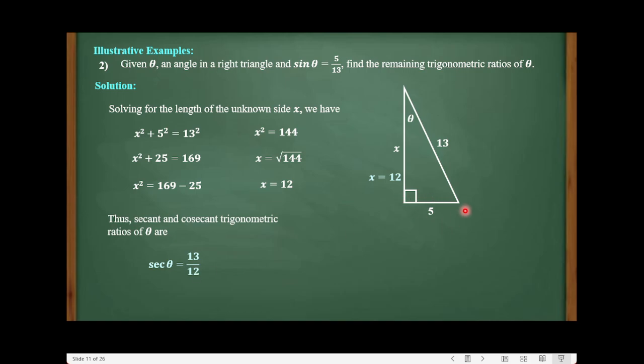So referring to this right triangle, the hypotenuse is 13, and the adjacent leg is the one that we have just obtained for the value of x, and that is 12. Now for the cosecant theta, that is defined as the ratio of the hypotenuse to the opposite leg. So that is 13 over 5.